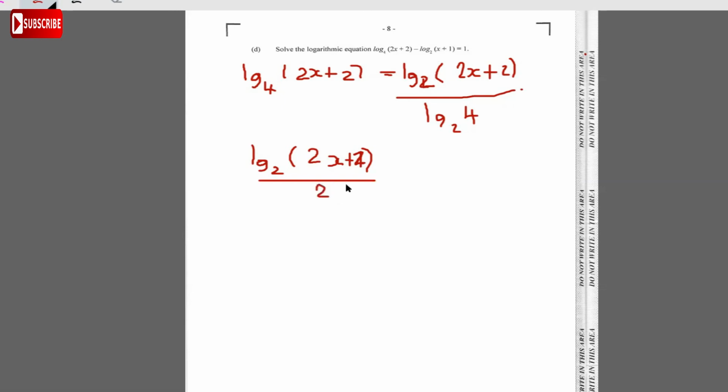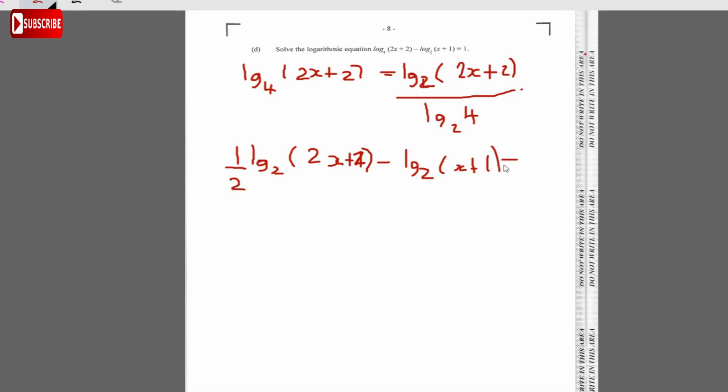Instead of saying divided by 2, better we put a half on the outside. So we can put a half on the outside here, minus log to base 2 of x plus 1, and this is equal to 1.